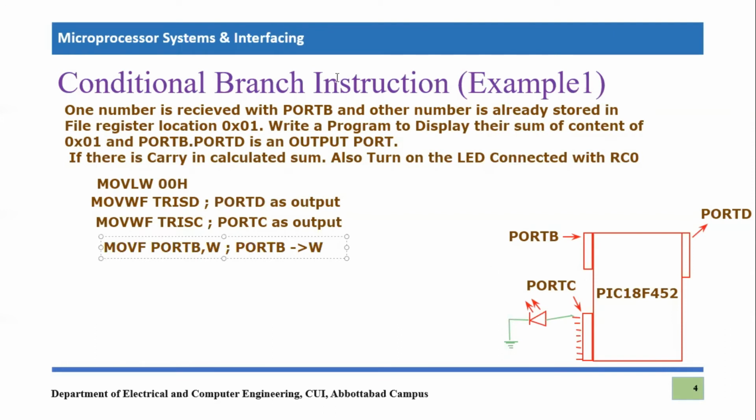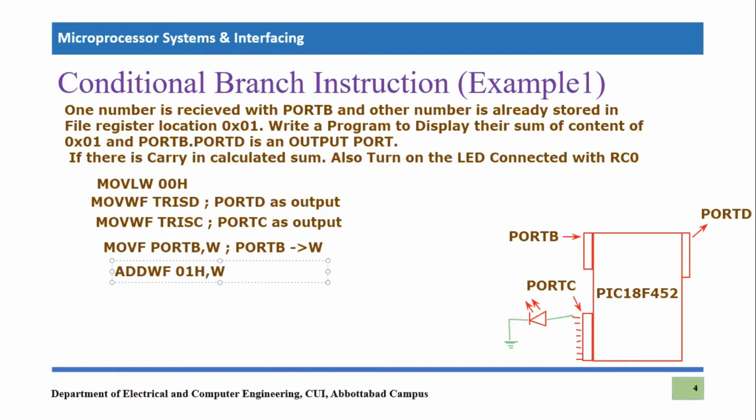I hope you remember the statement: 01 hex contains another value. So now we have to add the 01 hex file and the working register. How are we going to do it? We know there is an instruction add working file, which file 01 hex, which is given in the statement, and we are adding it with W. This time we can save this information in the working register or any other register.